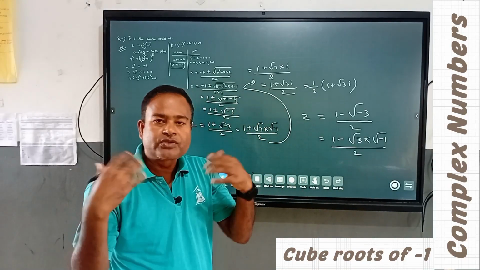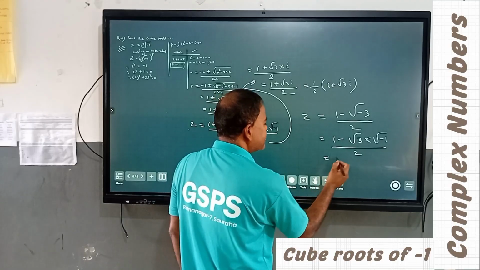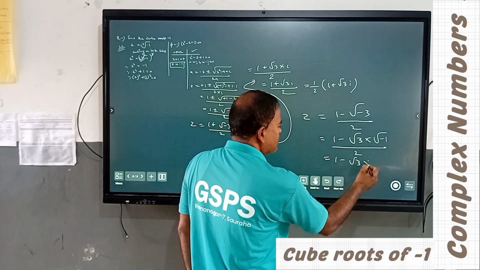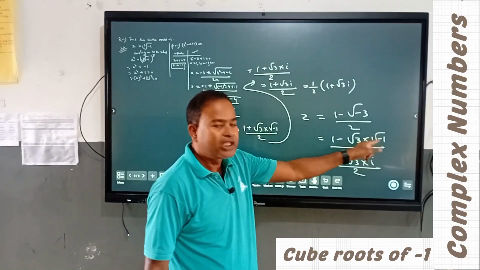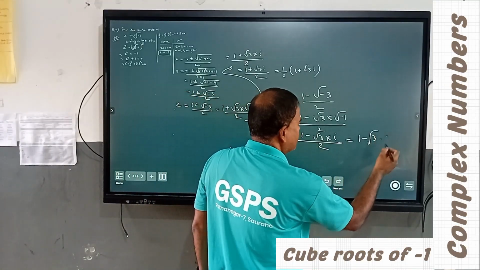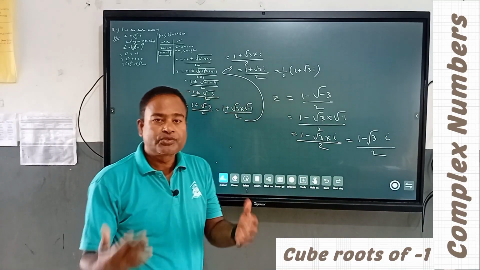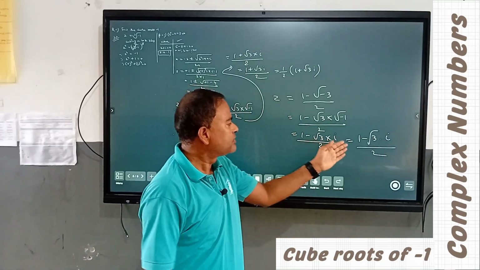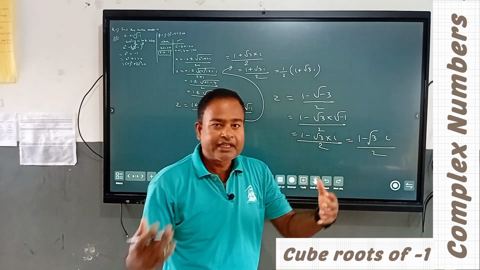We know the square root of -1 is iota, that is i, the imaginary unit. So the third cube root of -1 is 1 minus root 3i divided by 2.